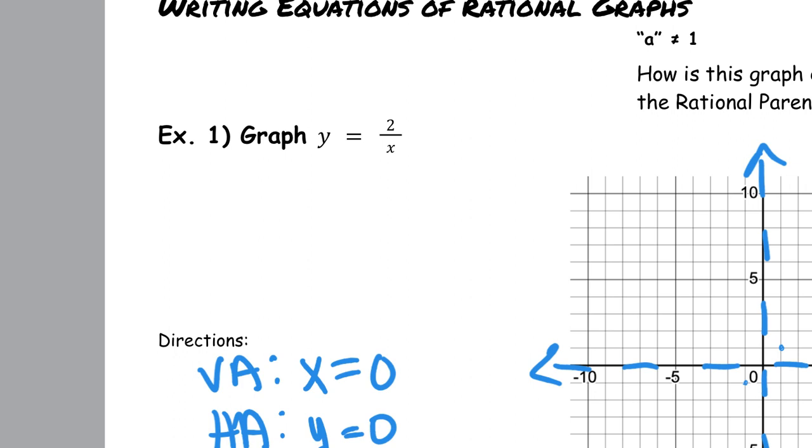So I'm going to change my color for this one. My table, let's go with, what numbers did I do? Let's do -2, -1, -1/2, 0, 1/2, 1, and 2. So if you plug in -2, what do you get?